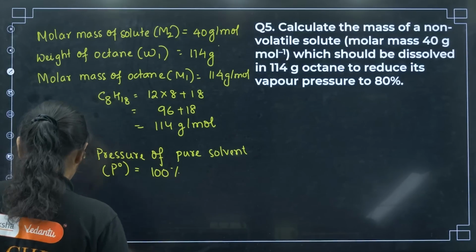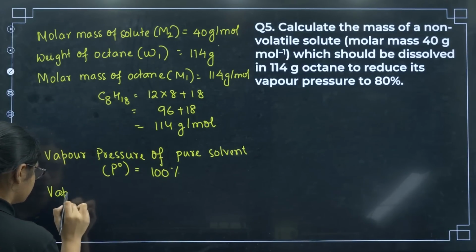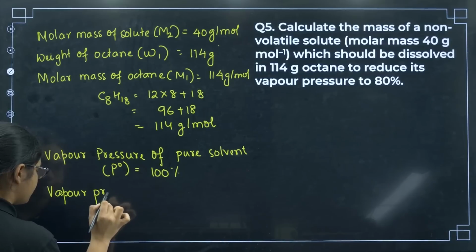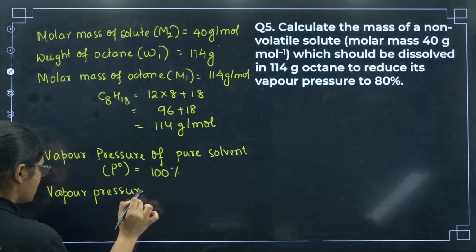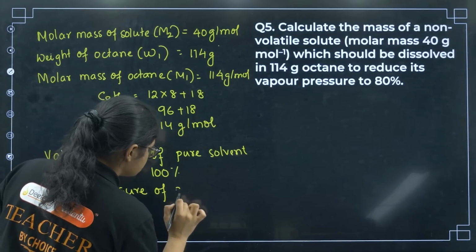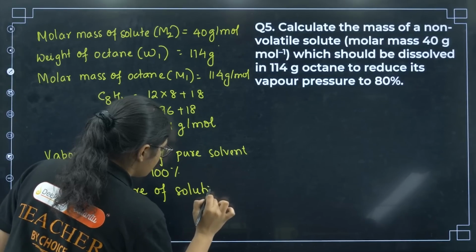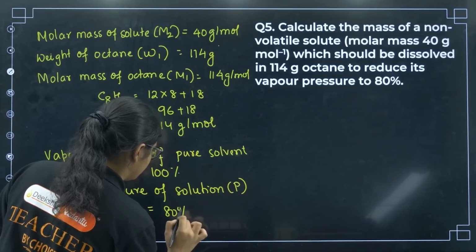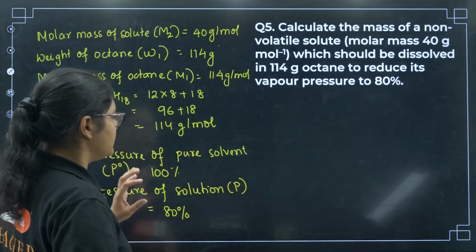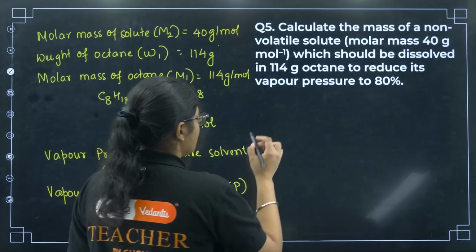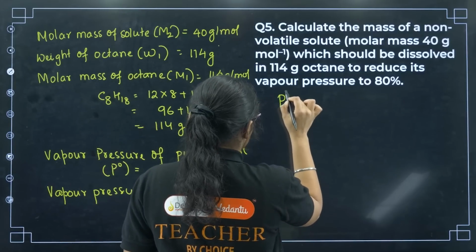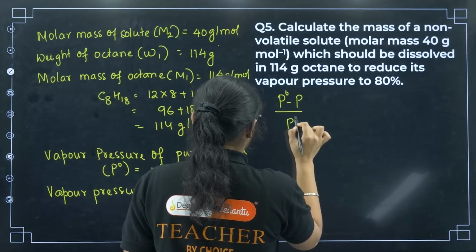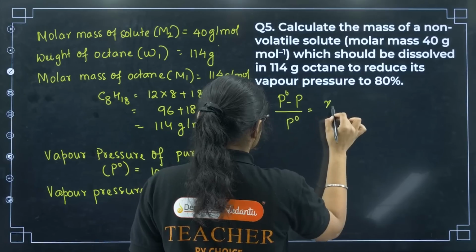Okay, then vapor pressure of solution, that is your P, that is equal to 80%. Okay, now if I want to write down the formula, what is it? P0 minus P by P0 is equal to XB.